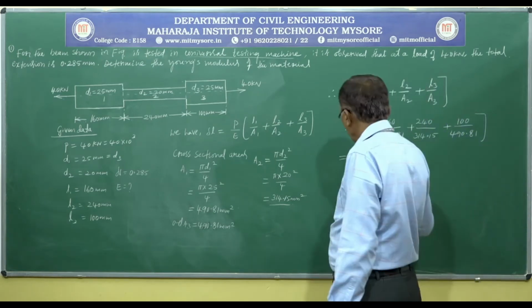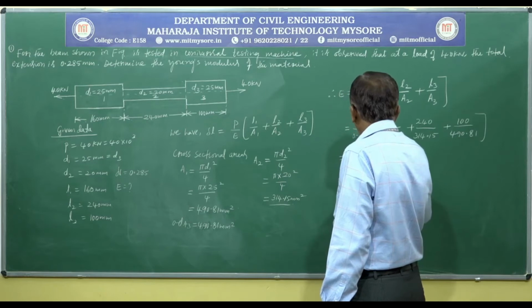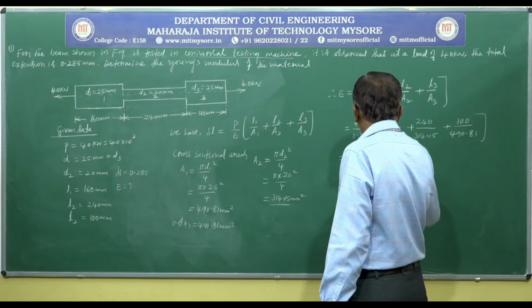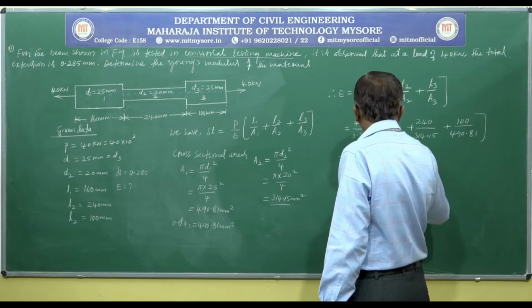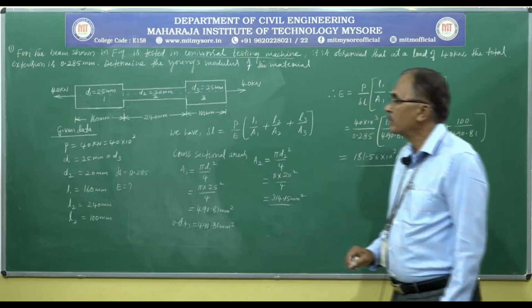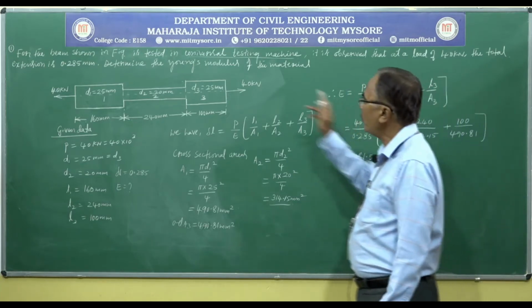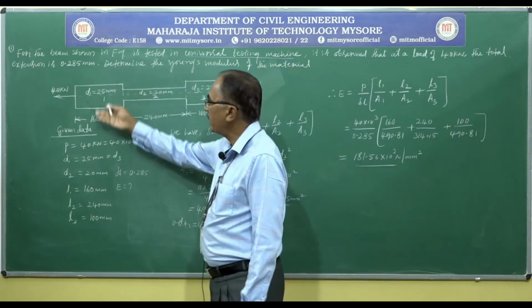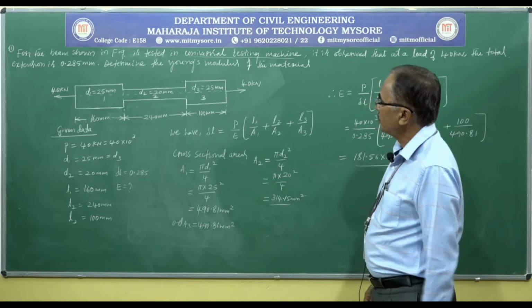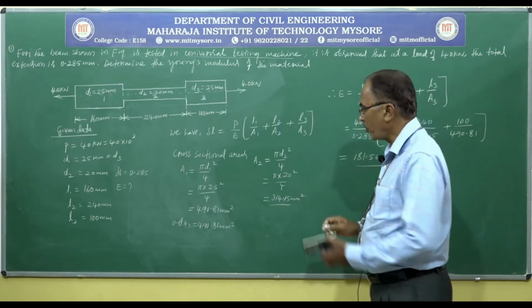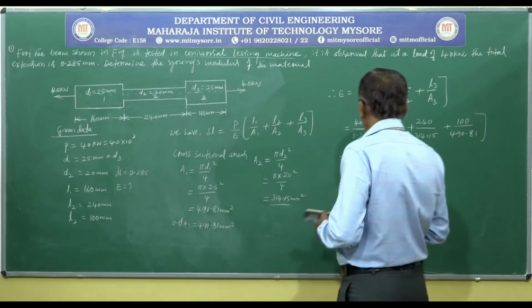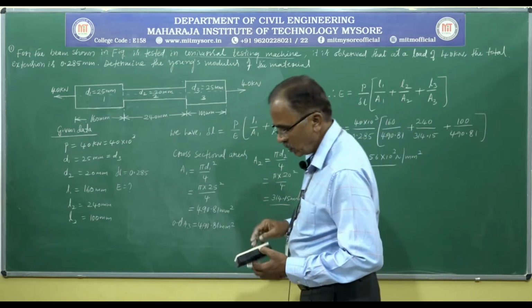Solving this, we will get Young's modulus E is equal to 181.56 into 10 power 3 Newton per millimeter square. Suppose if they give Young's modulus, we can calculate the change in length directly. So like this we can solve problems when a bar of varying cross section is subjected to axial load.